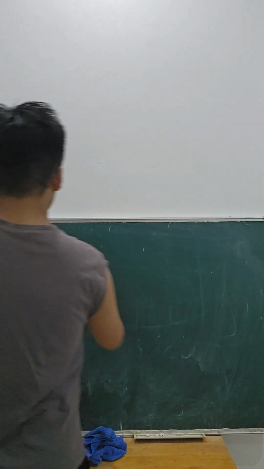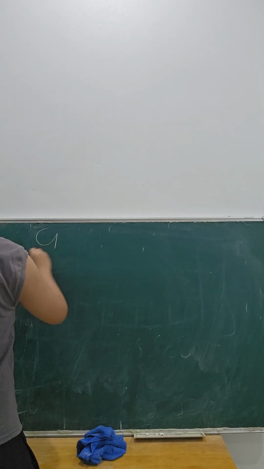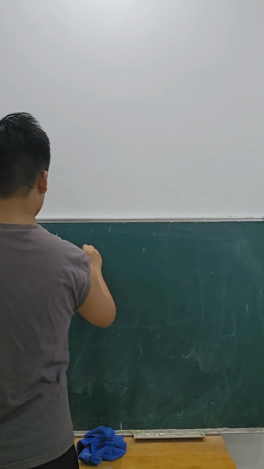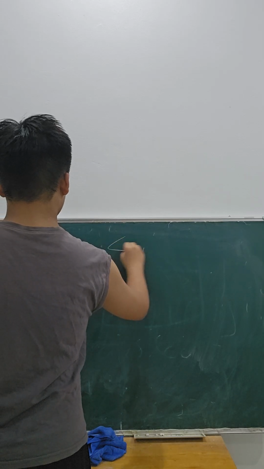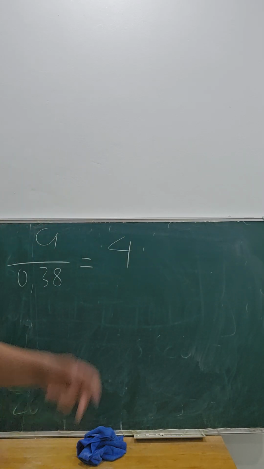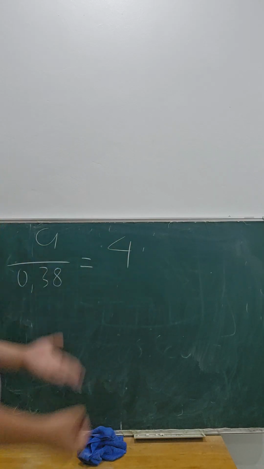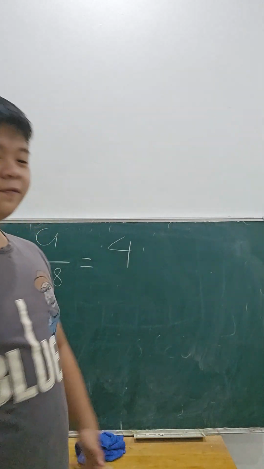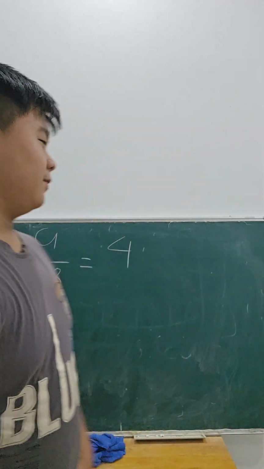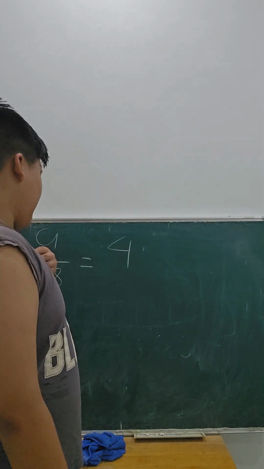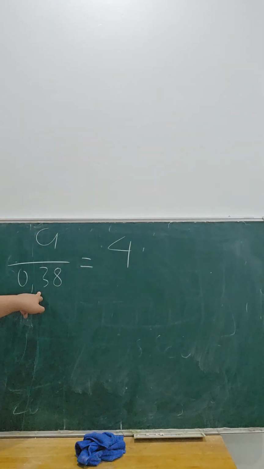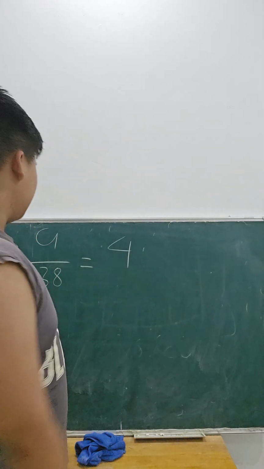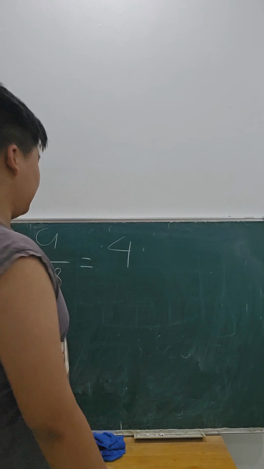So let's say this. Let's say A here, alright? What is the numerator that would make this fraction equal to 4? To find the numerator, you just take this number and multiply it by 4, because it equals one of this times one of this, and you get the numerator.